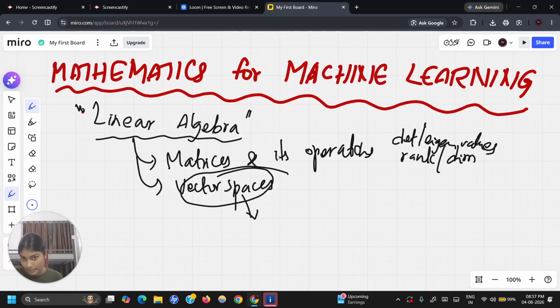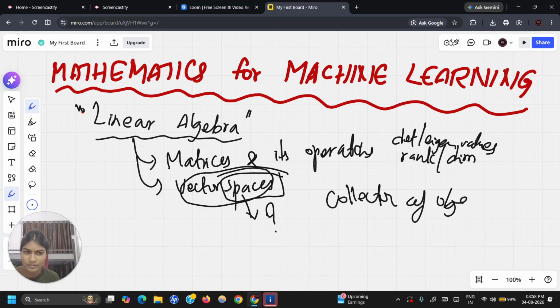What is a vector space? We know what a space is. A space is a collection of objects, let's say a set.